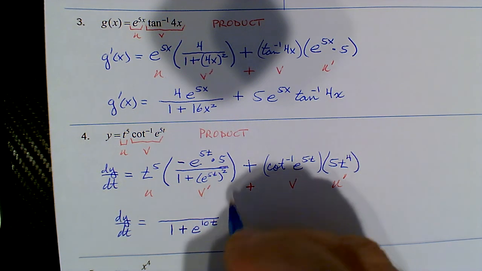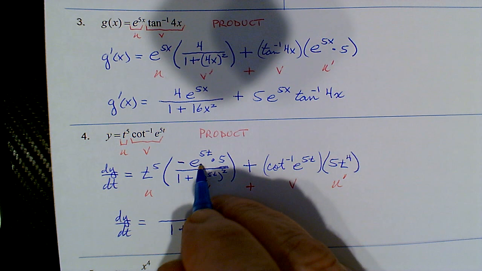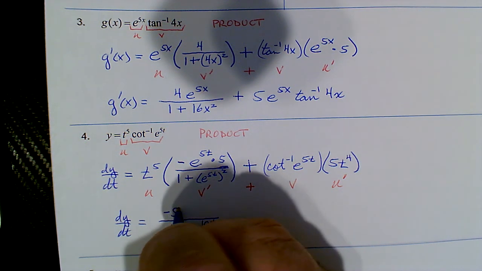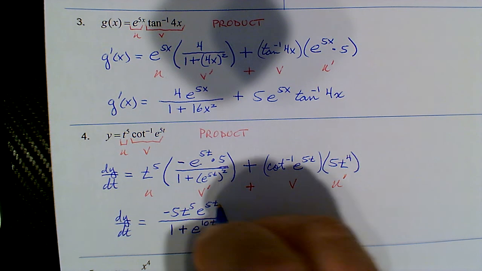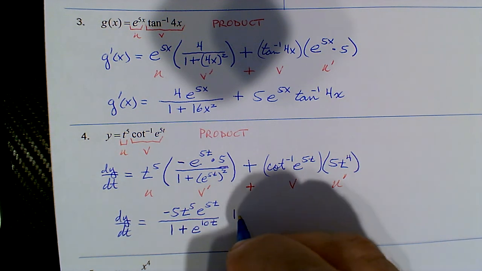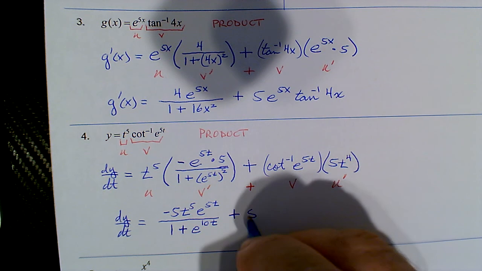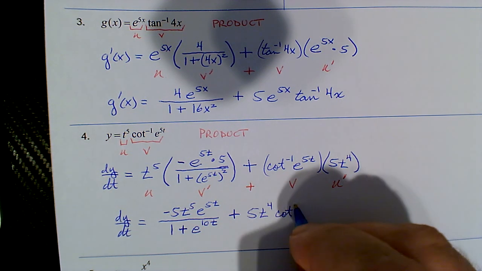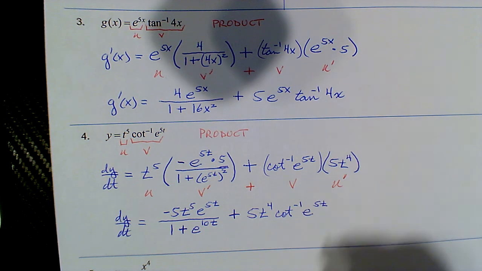And in the numerator, let's see, we have the minus 5, the e to the 5t and the t to the 5th. So the appropriate order, minus 5, t to the 5th, e to the 5t. And then this would be plus, let's bring the 5t to the 4th out in front of the inverse cotangent of e to the 5t.